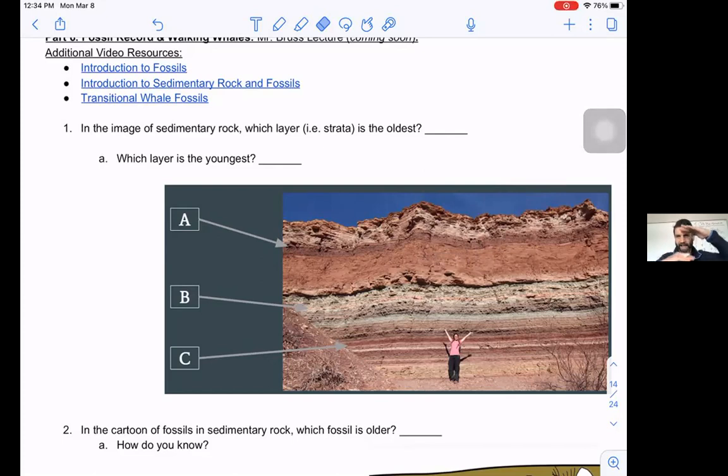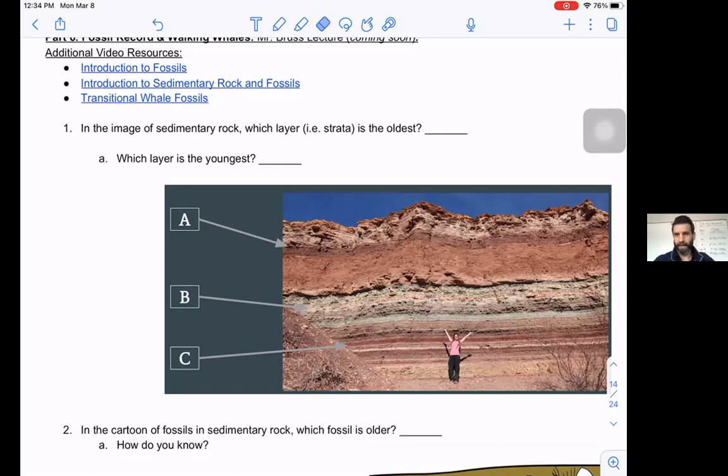And over time, as more and more silt or sand or dirt is blown in, it creates weight and pressure below that squeezes those layers into layers of actual rock. And as new layers come in, those layers are younger, newer at the top, and the layers on the bottom are older.